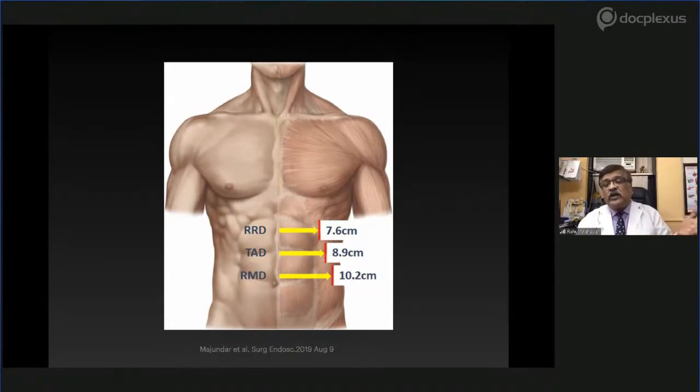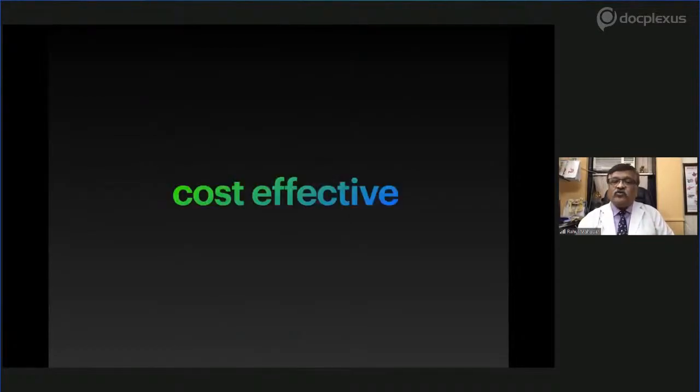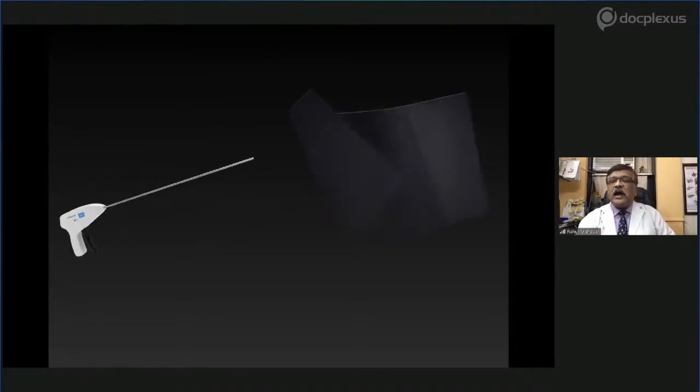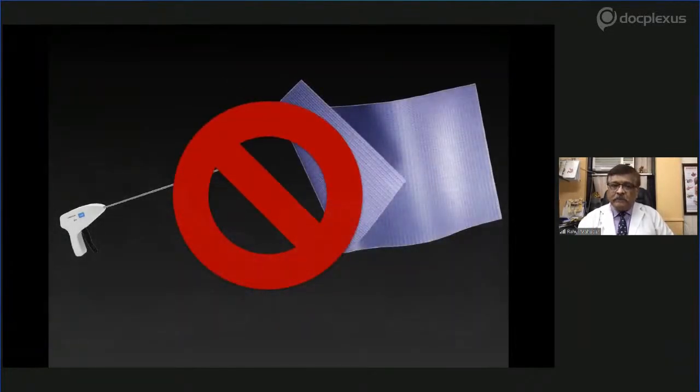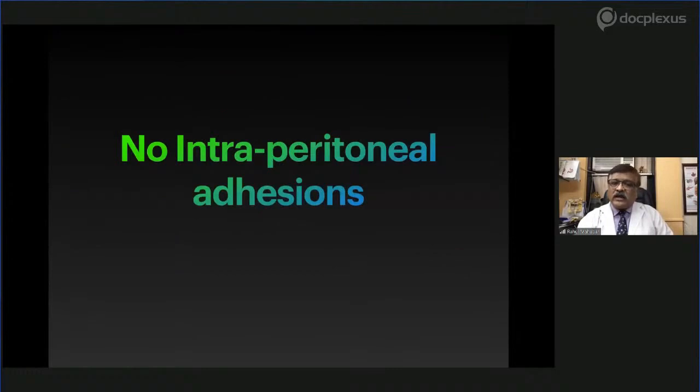And if you do the retromuscular dissection till the lateral muscles also, then you can mobilize up to 10.2 centimeters. If you compare the cost effectiveness of E-TEP, both composite mesh and the tackers are not necessary for the E-TEP repair. And another advantage is there are no intraperitoneal adhesions.